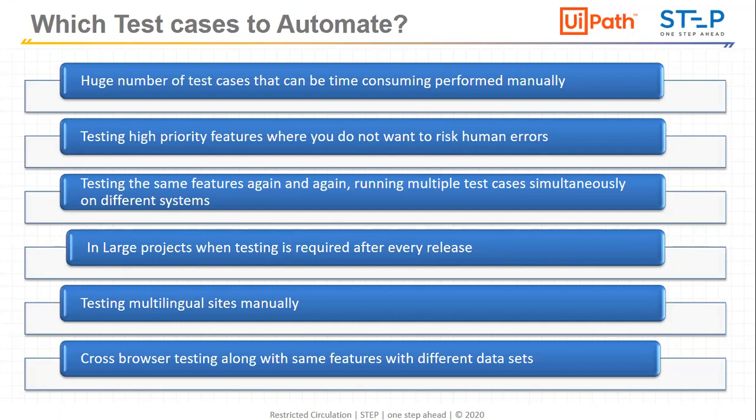Let's take an example: our 10 testers are generally doing daily execution of 100 test cases each, and they are doing it manually in 8 to 9 hours, completing 1000 test cases by the 10 testers.